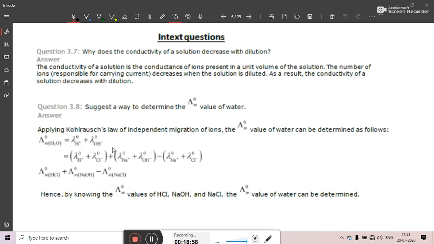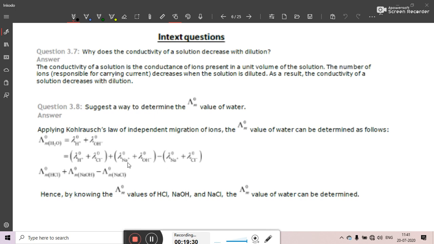Now in this, with lambda naught of H+, if you add lambda naught of Cl-, and on the other side if you subtract lambda naught of Cl-, the meaning will remain the same. Then with lambda naught of OH-, we can add lambda naught of Na+. So on one side we will add lambda naught of Na+, other side we will subtract lambda naught of Na+. So it will have the same meaning.